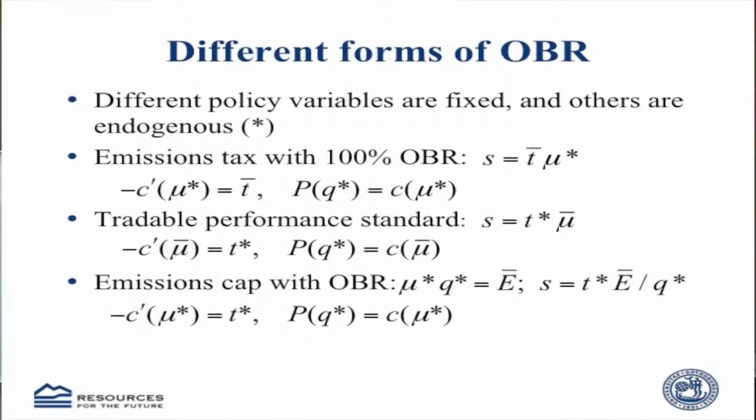You can implement it any way. So this is basically the output-based rebating version of marginal abatement cost equals marginal benefit. You can implement that with a tax, or you can implement that with a quantity system. So if you don't have uncertainty and other things to worry about, any of these mechanisms will get you the same outcome.